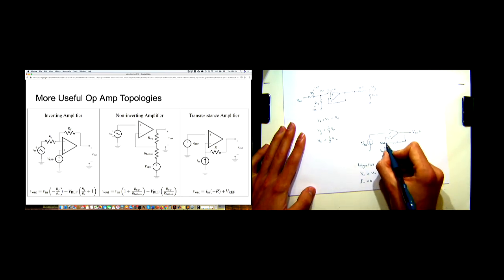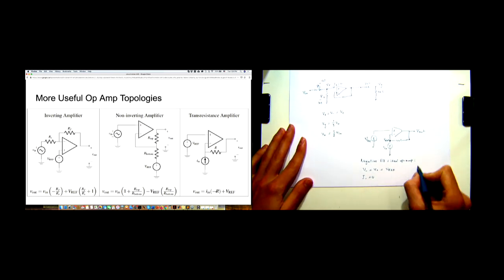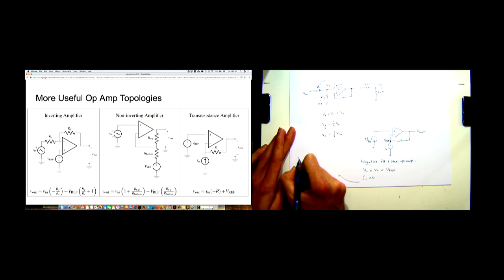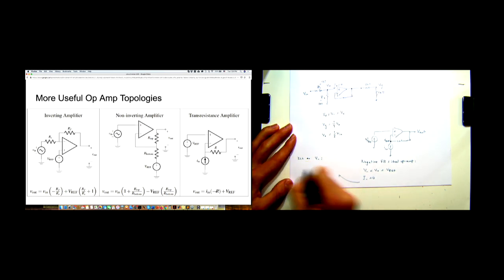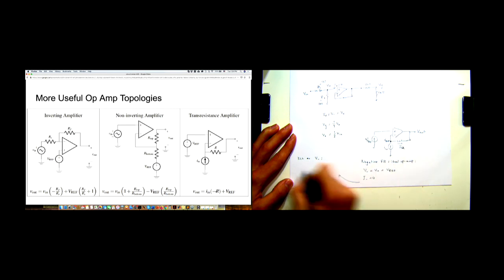So from KCL on V minus, let's call this IR.